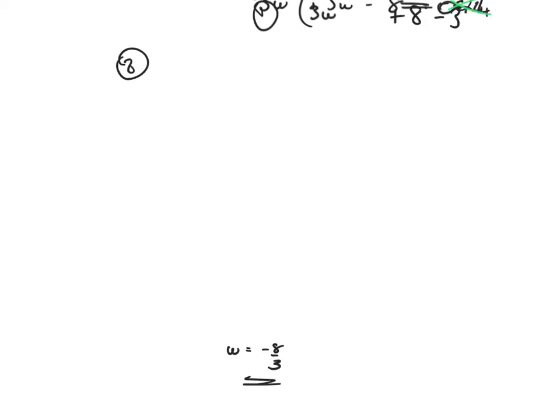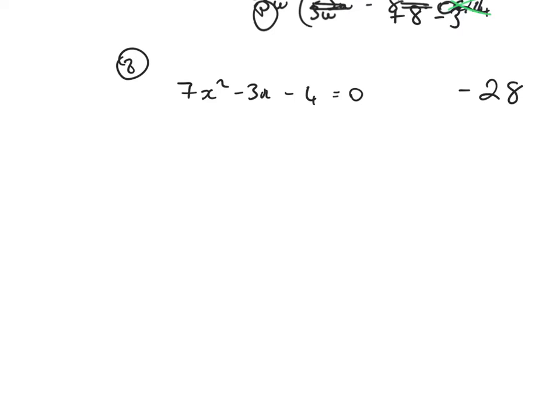Okay, example 2. We've got 7x squared minus 3x minus 4 equals 0. First move: 7 times minus 4, the number up at the side, is minus 28.